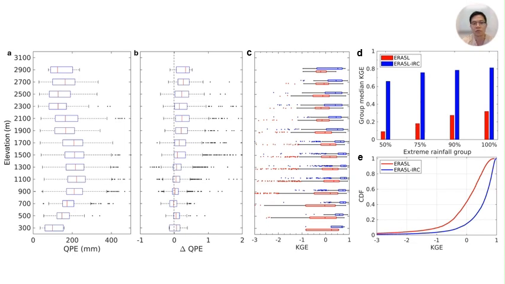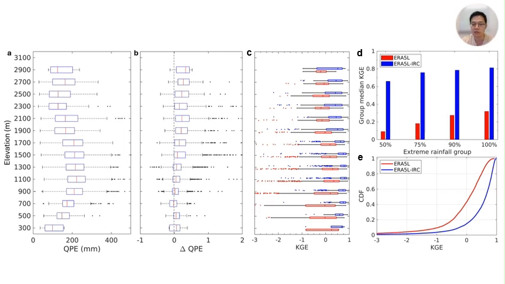And what we see, delta QPE is calculated using IRC rainfall and original rainfall, and it specifically is IRC rainfall minus original rainfall divided by original rainfall. So it is a ratio. So here, for example, the percentage is 0.5 or even 1. This means about 50% of underestimation error for a lot of events here at these elevation bands. So basically ERA5L is not able to capture the orographic enhancement happening at very small scales for these elevation bands.